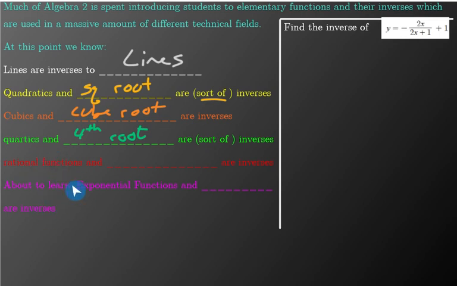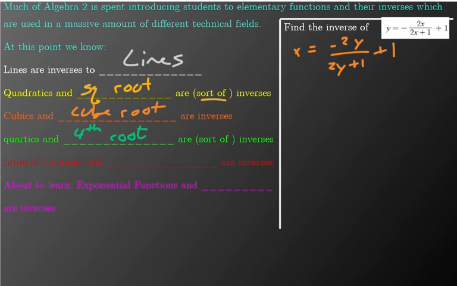And I'll talk about this in a second too, but I'm going to jump over here, and I'm just going to compute the inverse. So standard trick, just switch all the x's and y's. So instead of y equals there, I have x equals -2y over 2y plus 1 plus 1. And then now I just solve for y.